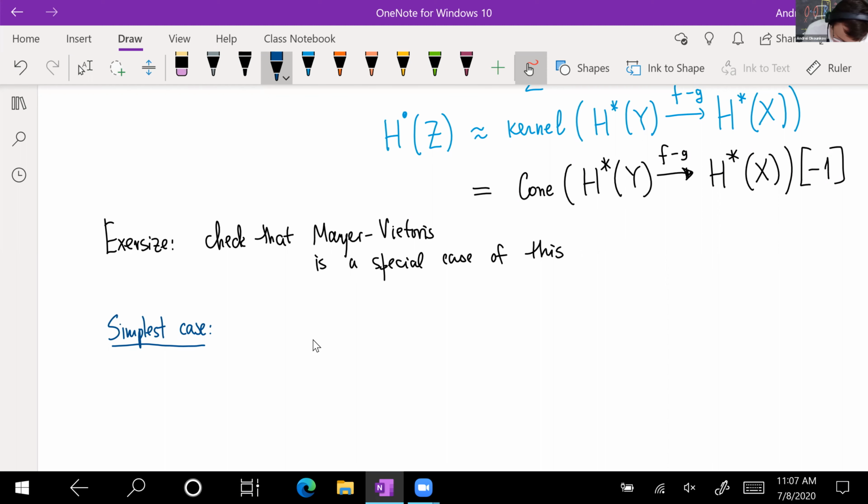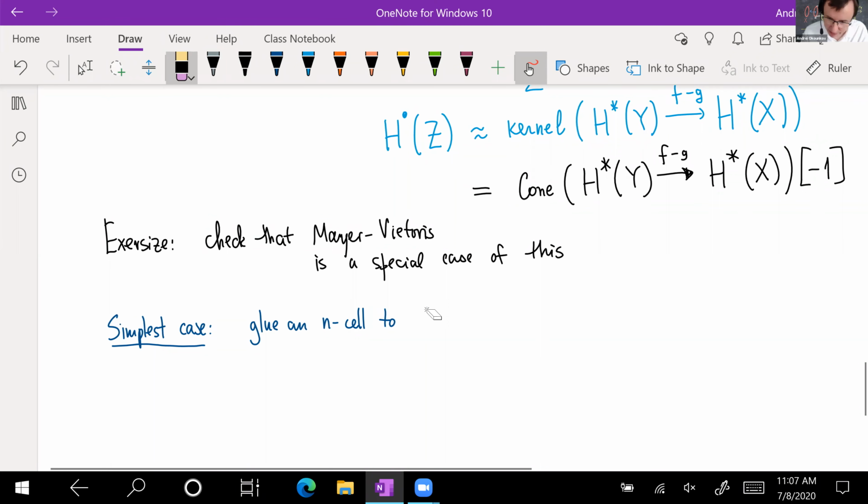If I glue an n-cell to some space, what will be that space?